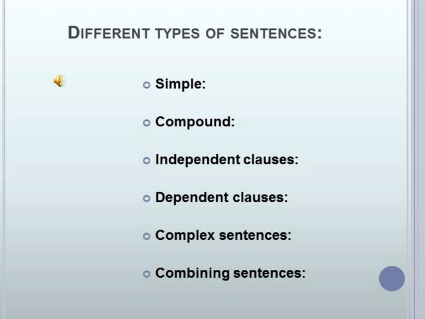Independent and dependent are related parts of a sentence; a dependent clause doesn't express a complete thought on its own. Complex contains one or more main verbs. Sentences can be combined by using connecting words and conjunctions.